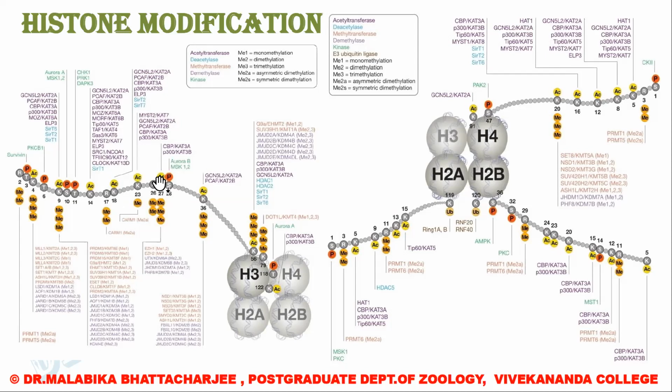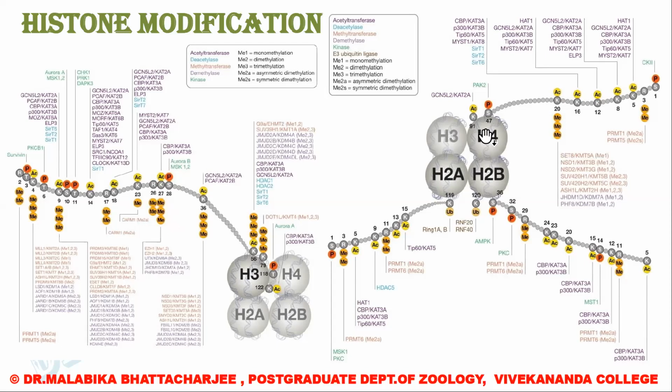So modifying lysine would nullify one positive charge, thereby reducing the electrostatic interaction between the DNA and the histone molecule. So lysine and arginine are preferred molecules, and lysine is the most preferred amino acid for modification.